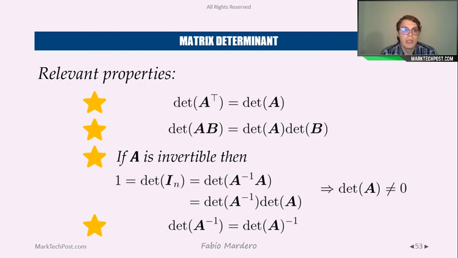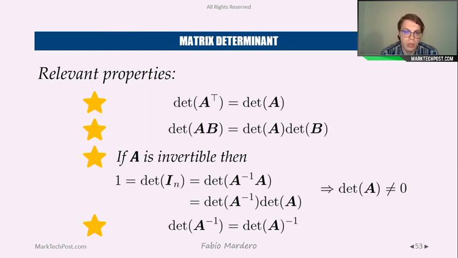Matrix determinant has some relevant properties. For example, the determinant of the transpose of a matrix is equal to the determinant of the matrix itself. The determinant of a multiplication between matrices is equal to the multiplication between the determinants. Also, if A is invertible, then 1 is equal, of course, to the determinant of the identity matrix, the first condition we defined for the determinant.